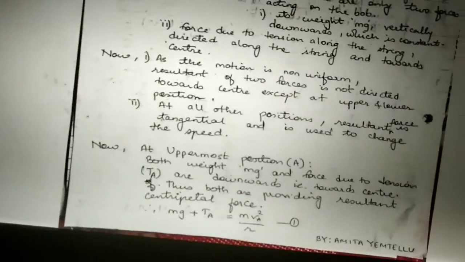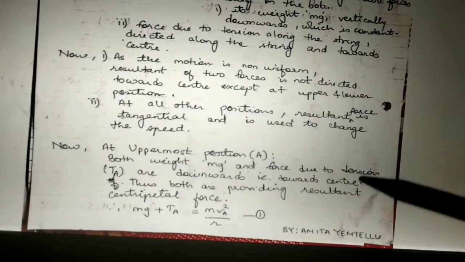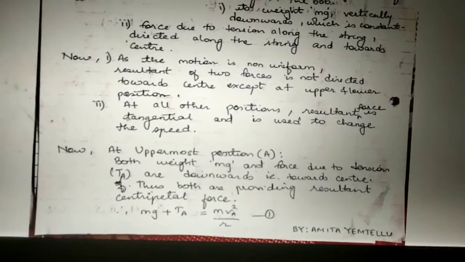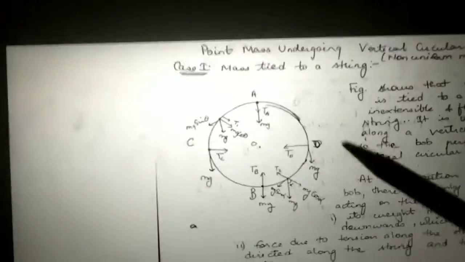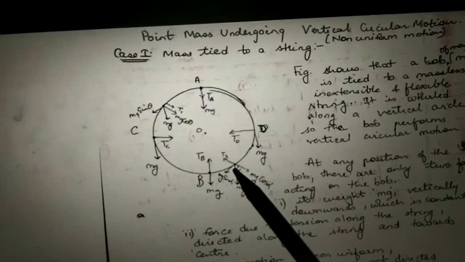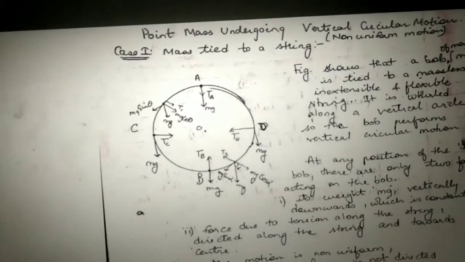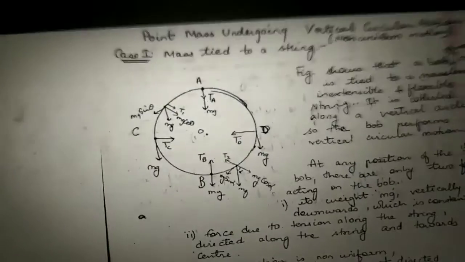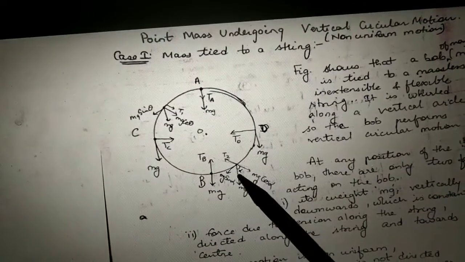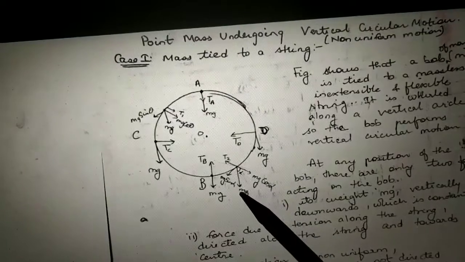Next point: at all other positions the resultant force is tangential, and that force is responsible for changing the speed. If the object is here, tension, say T2, always acts along the string towards the center, and mg acts vertically downward.